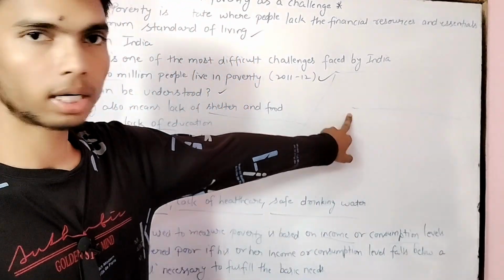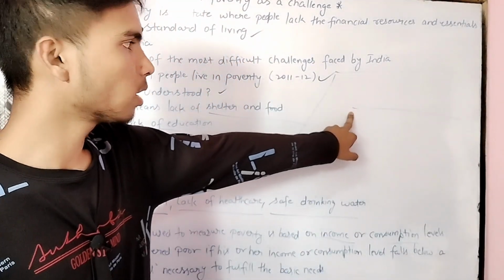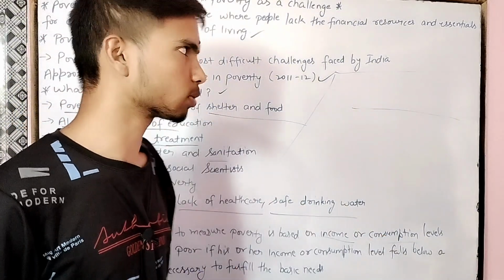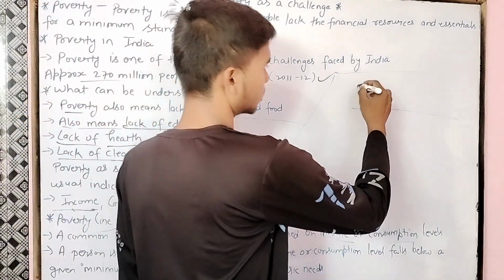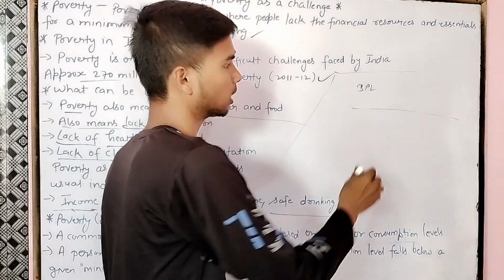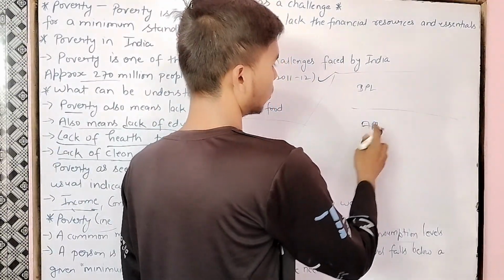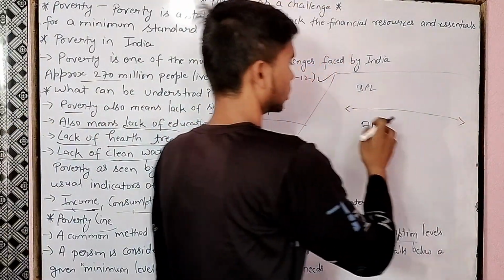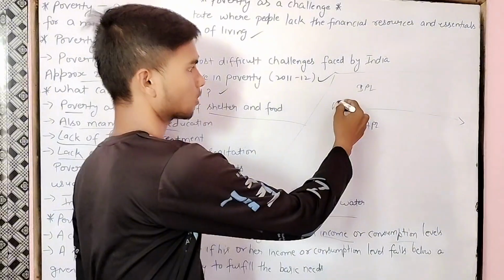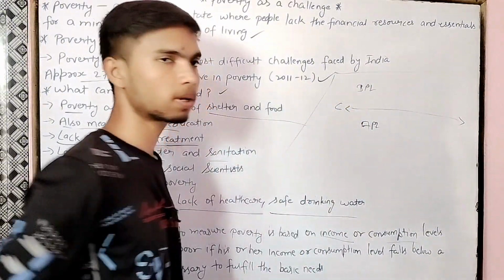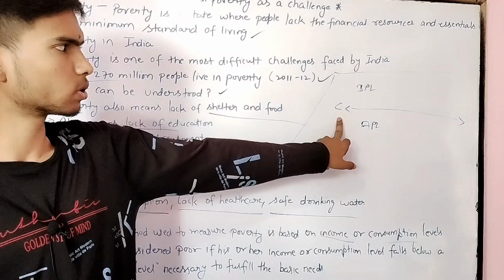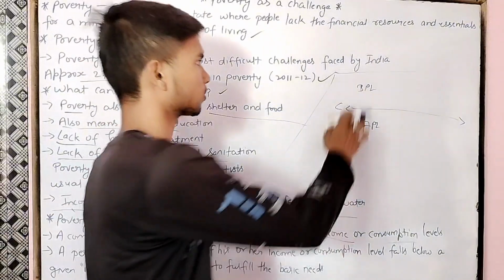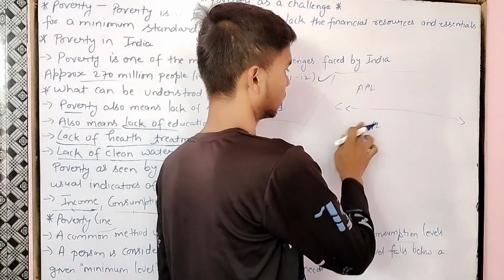Here, if we are measuring the poverty line, what will we measure? Income, or you can say consumption level. So this is known as BPL and this is known as APL, above poverty line and below poverty line. Here A will be, here B will be.